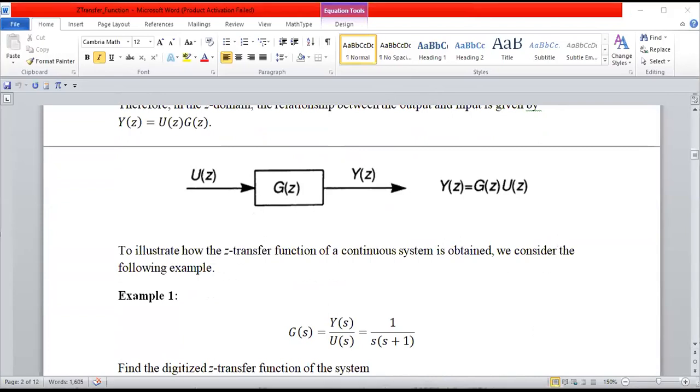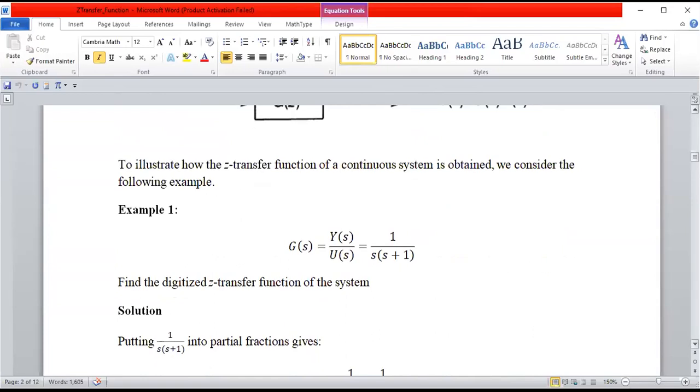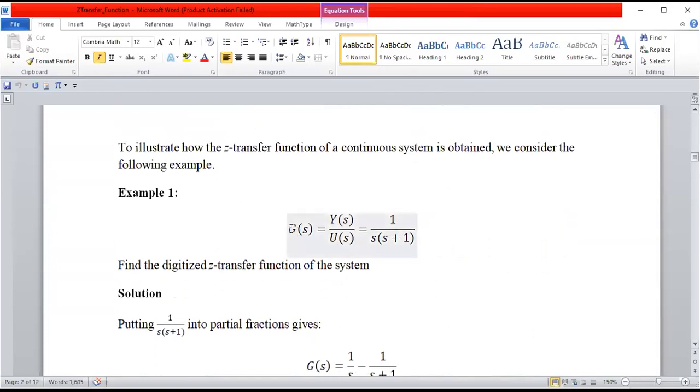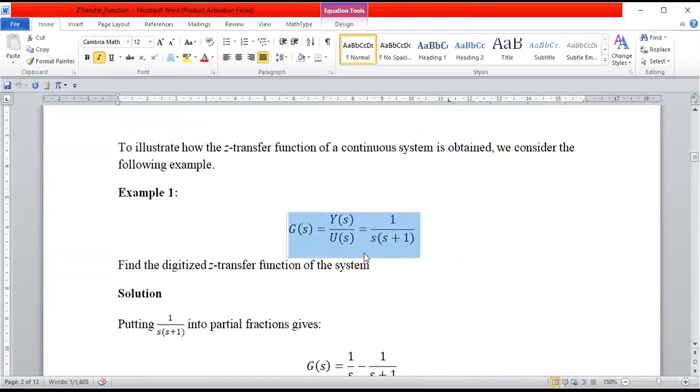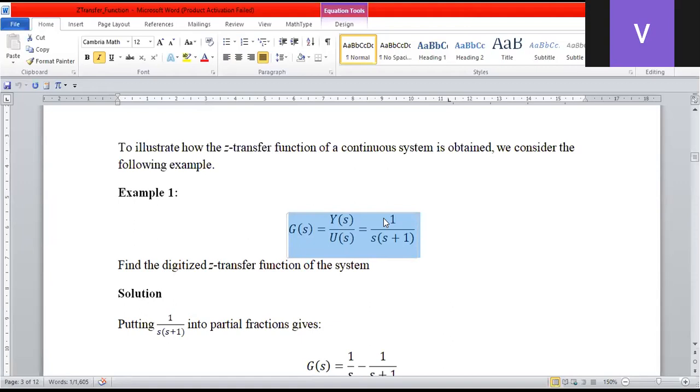We'll start with the first example. In the first example, you have this transfer function, and this transfer function is in the Laplace domain, so it's in the S domain. The question says that you should find the digitized Z transfer function. Basically, you should convert this transfer function, which is in the Laplace domain, into the Z domain.